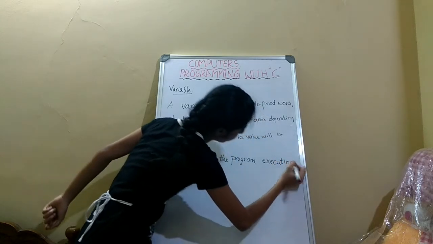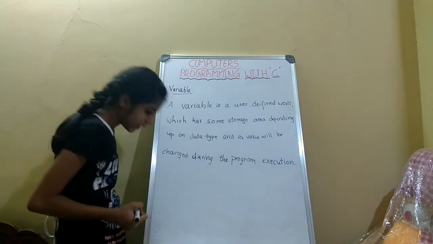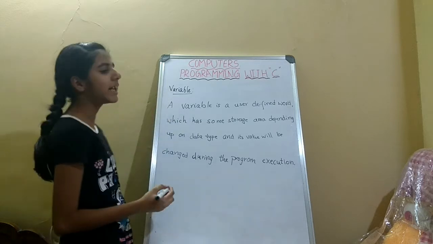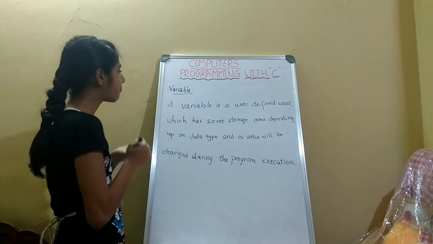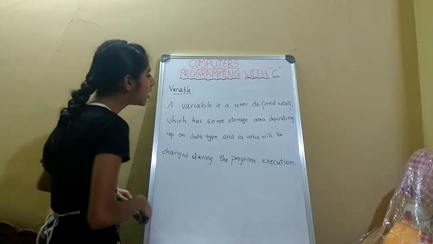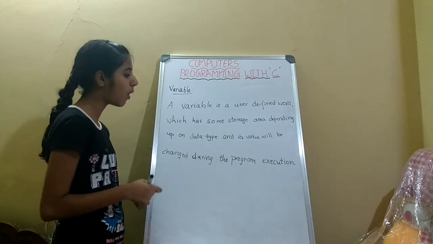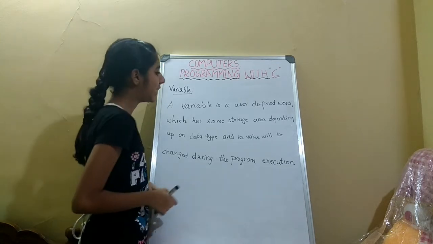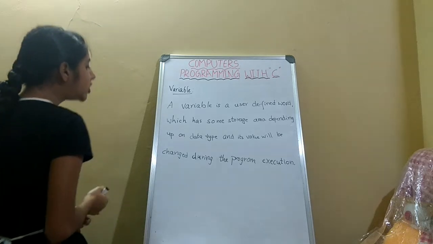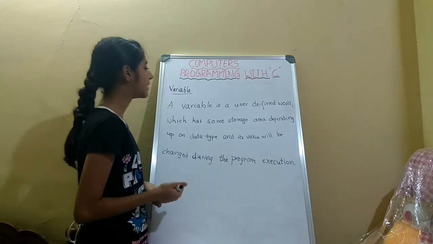First I'll explain. A variable is a user defined word which has some storage area depending upon data type and its value can be changed during the program execution.